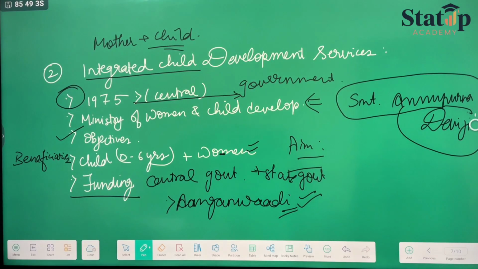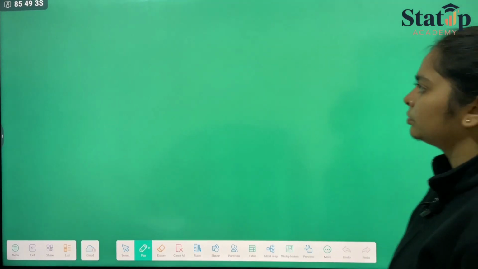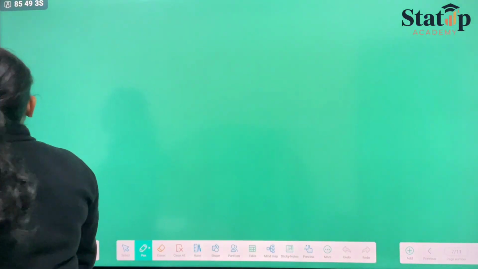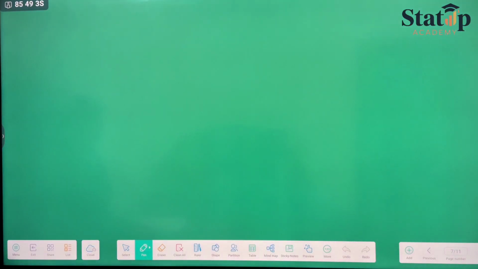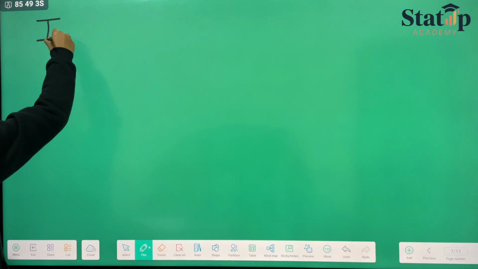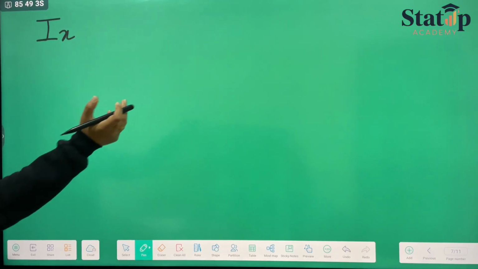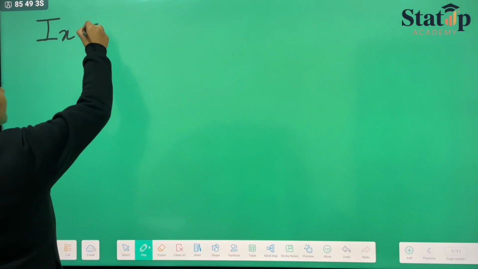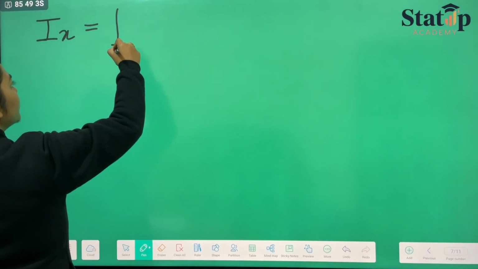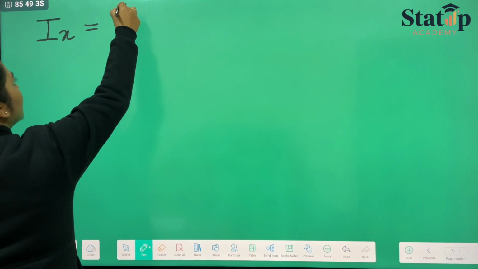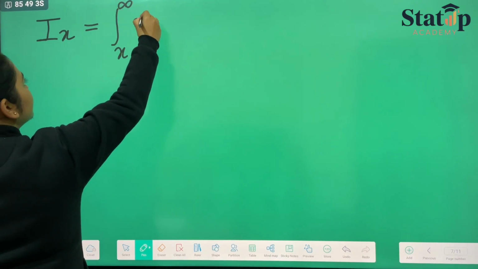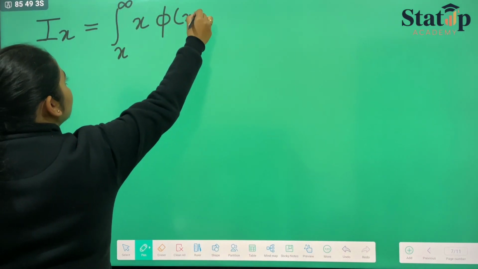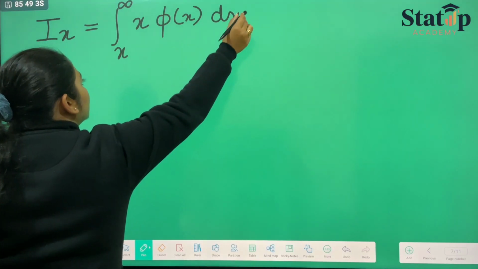Moving forward, now we know that our Ix is nothing but the people having income greater than or equal to x, which is represented by integration of x to infinity x phi x dx.